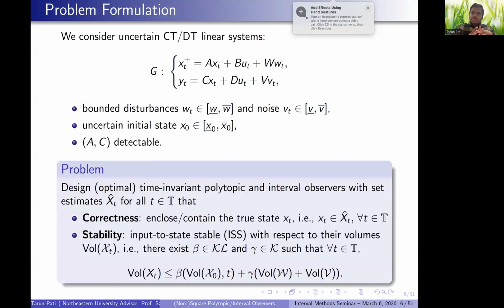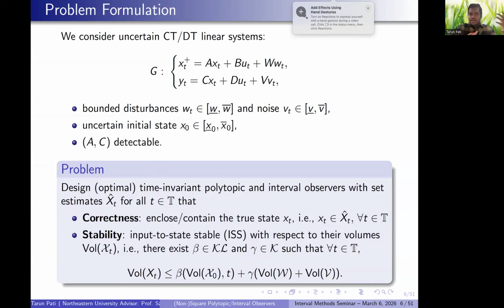For the first method, we are focusing on linear systems. As I've already said, our interval observer methods require positivity and cooperative assumptions. This makes it so that there is no generally formal guarantee for the existence of interval observers even for detectable linear systems. And with this work, that's what we are trying to address.